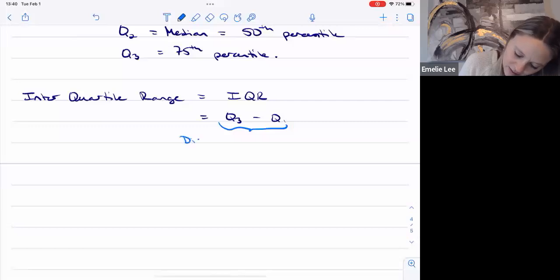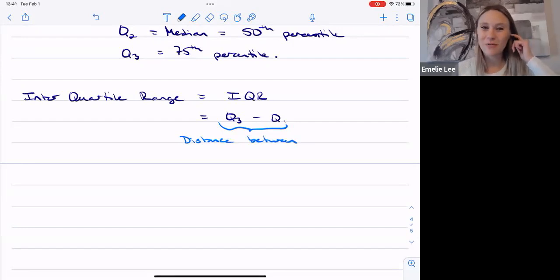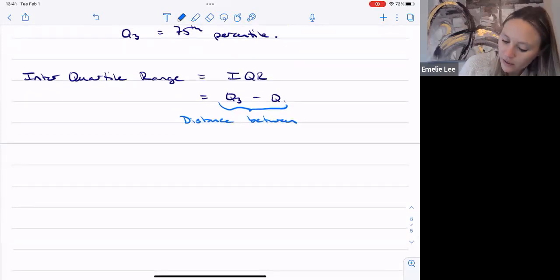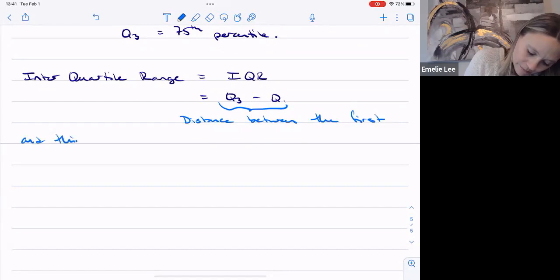So this is the distance between, technically, the 25th and the 75th percentile, right? It's kind of a chain reaction here, but as long as we know what percentiles are, we can come back to this. So, distance between the first and third quartile.